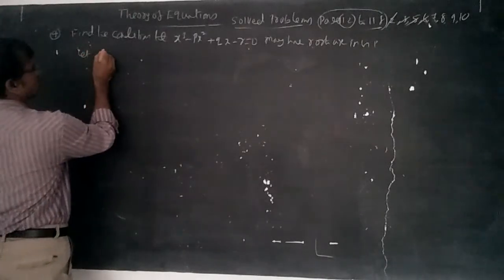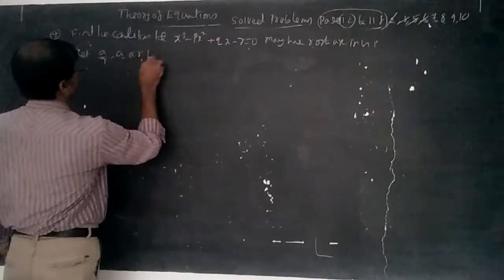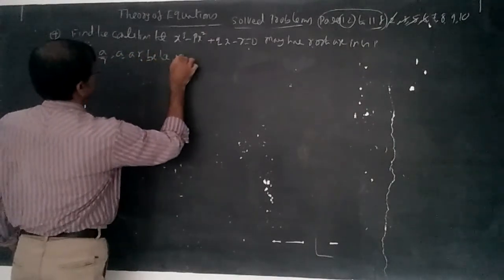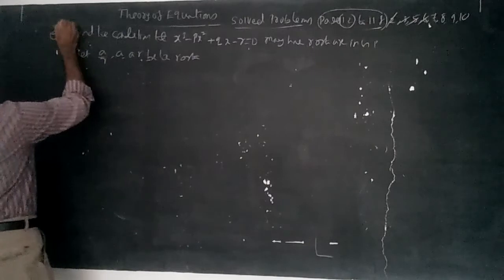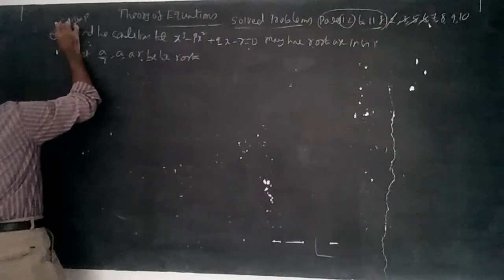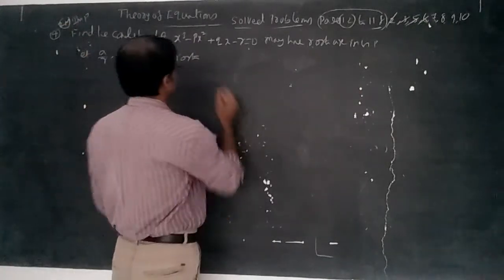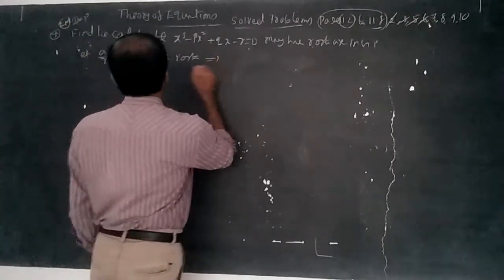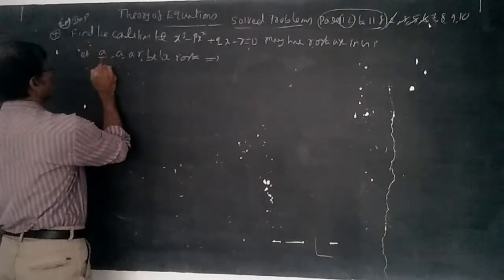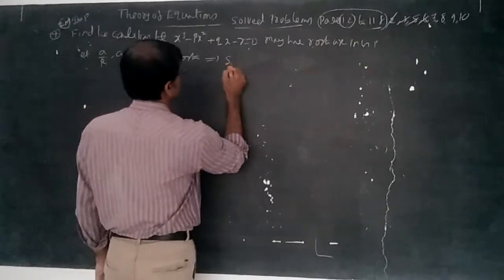Let here a by r comma a comma a r be the roots. This is a 2 marks IMP question in IPE. A by r comma a comma a r are the roots. That implies the product, take here capital R, of the roots S3.